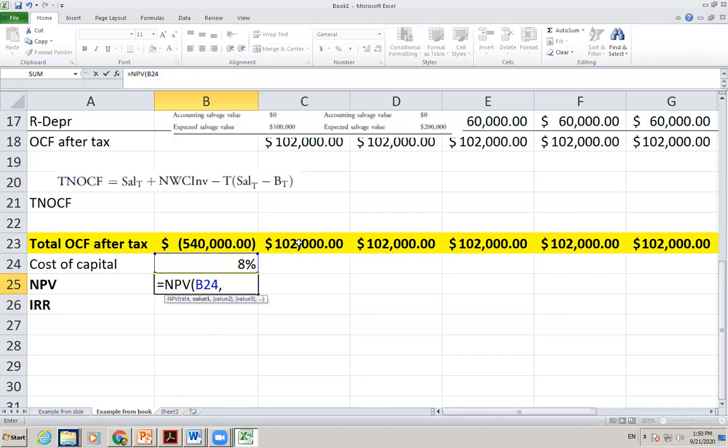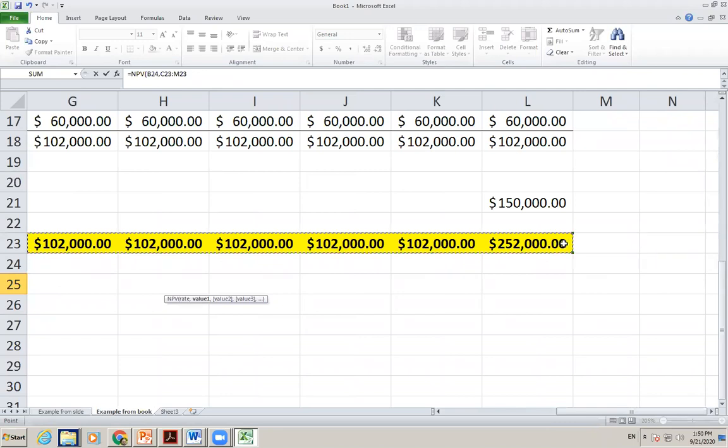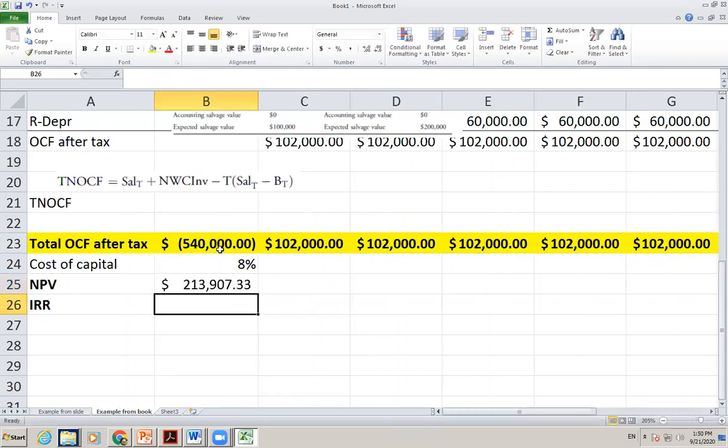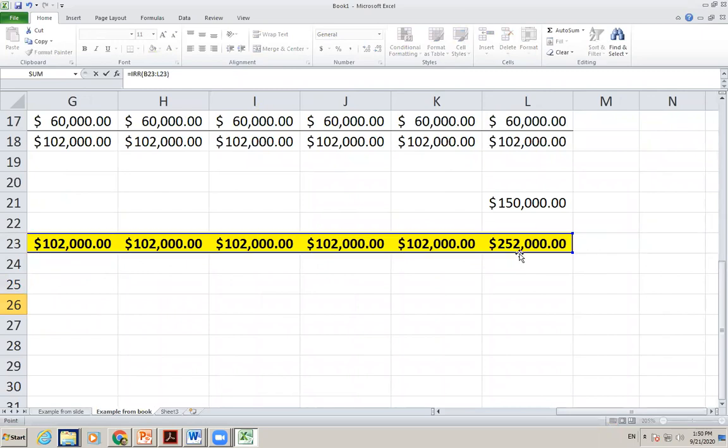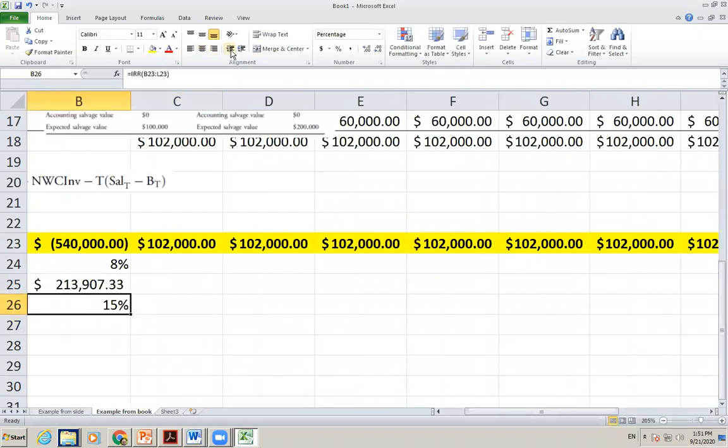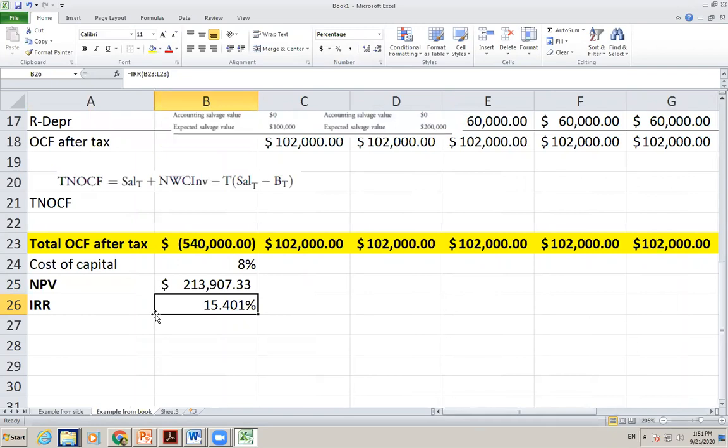NPV, rate, range, and minus the investment cost. And IRR. So our final decision on whether we should replace the old equipment with the new equipment is based on the positive results, which means that we should go with this project.